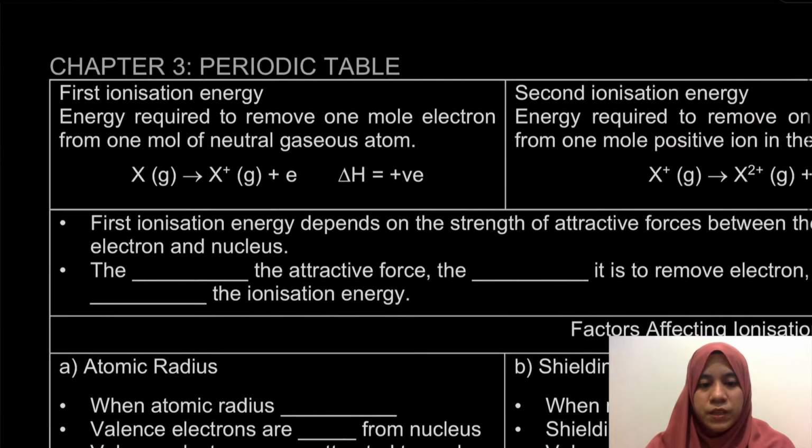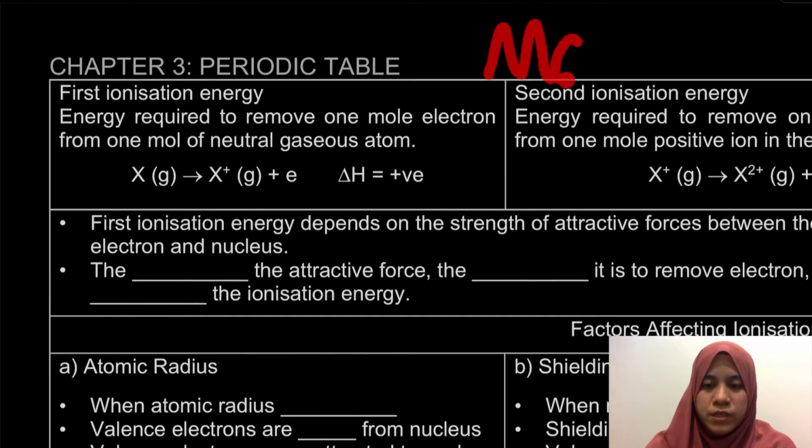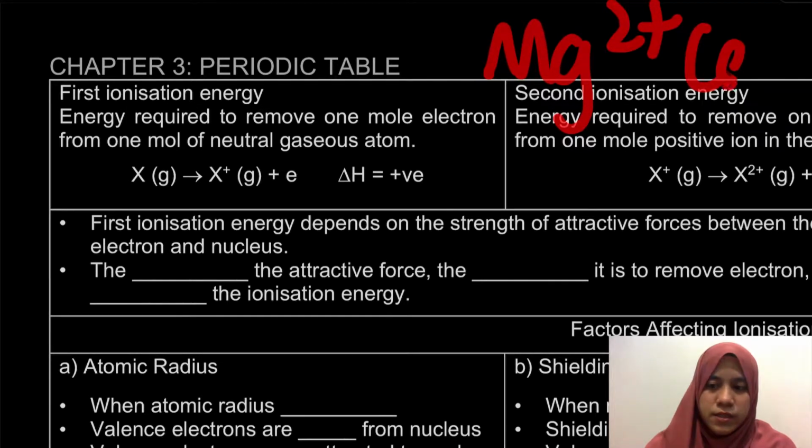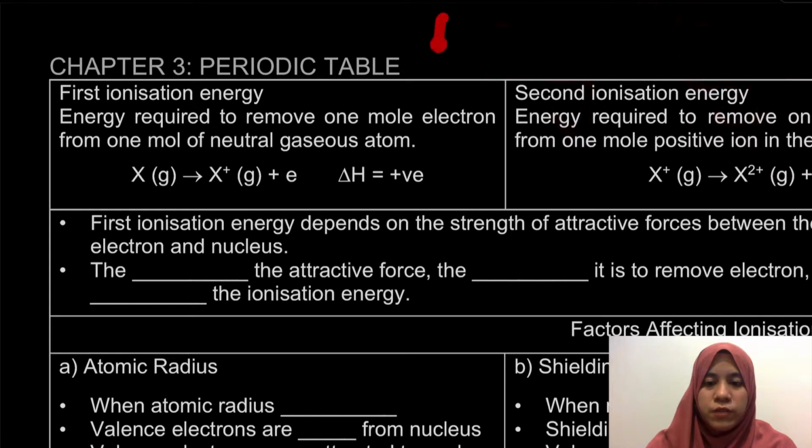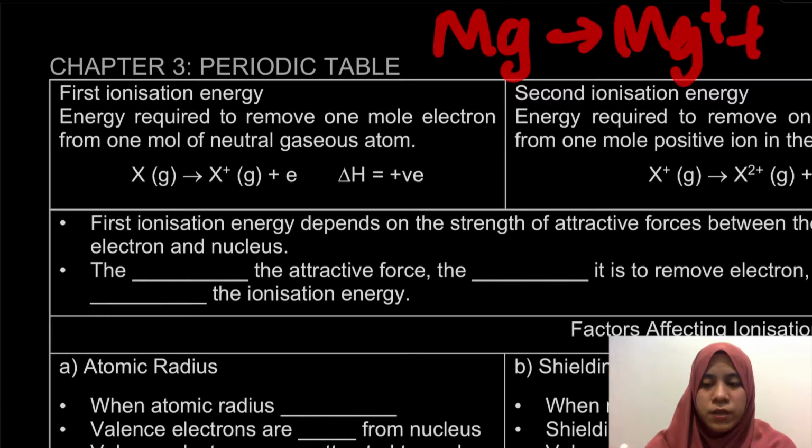It means that for the ionization energy, you must remove 1 mole of electron. So first thing first, for example, if you want to form Mg2+ gas, you have to start from scratch. First you have to do magnesium go to magnesium plus electron.